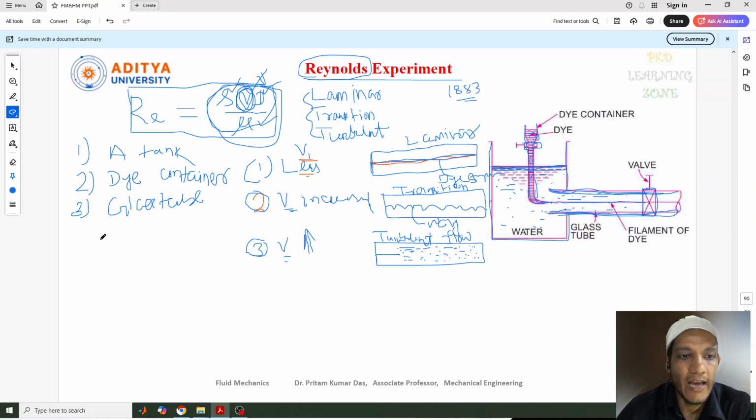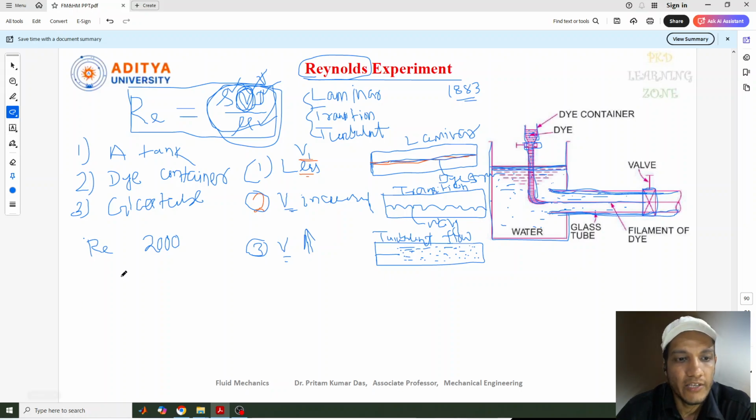So the velocity has a crucial role in making these flows different, whether laminar, transition, or turbulent. The velocity of the fluid will decide what kind of flow there is. Now the Reynolds number: if the Reynolds number is less than 2000, then it is called laminar flow.